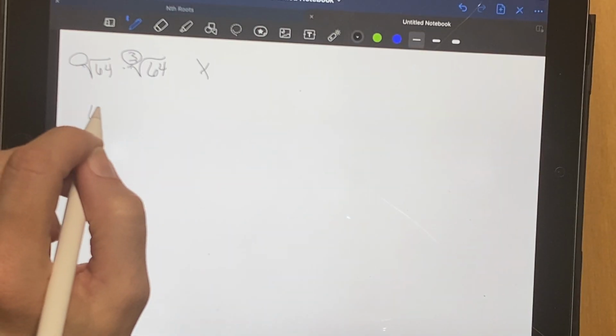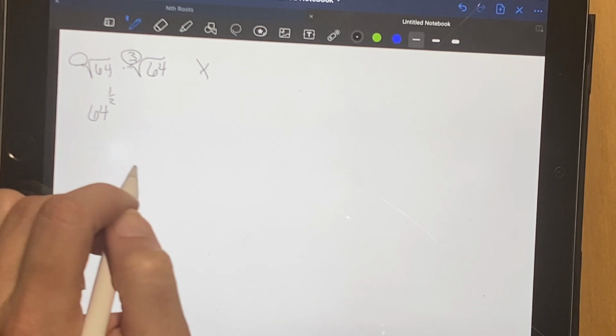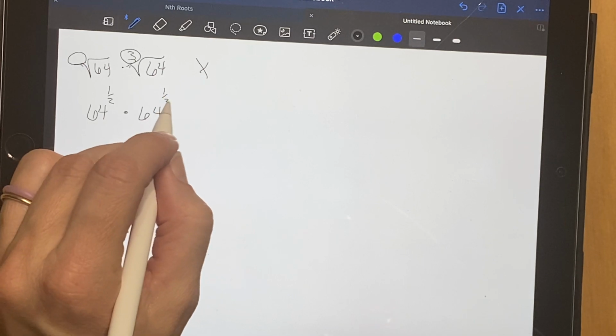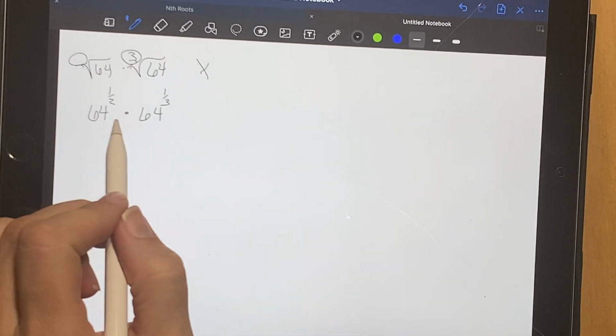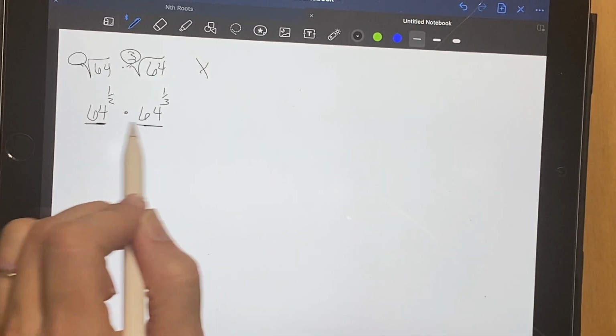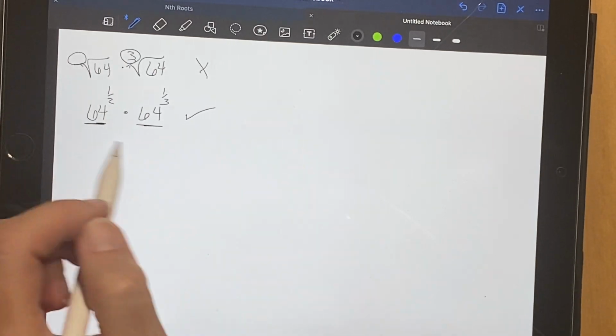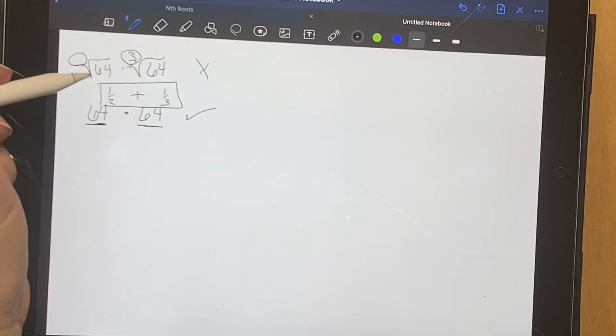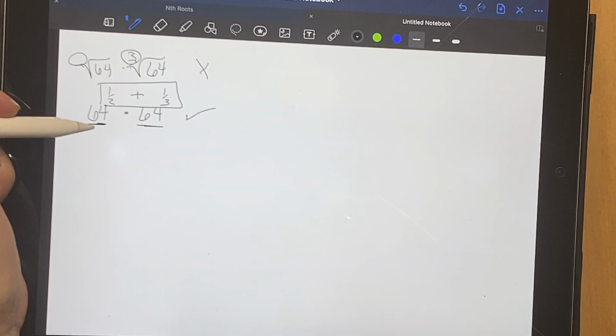So I'm going to switch it to fractional exponents. Because now that I have fractional exponents, my base is the same, and all I have to do is add the exponents. So now I can work it. When it was written as a radical, I couldn't work it; change it to fractionals, I can work it.